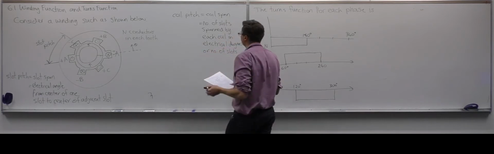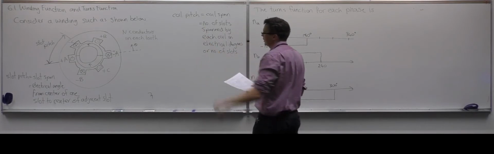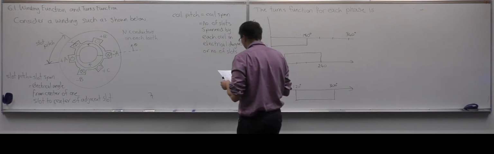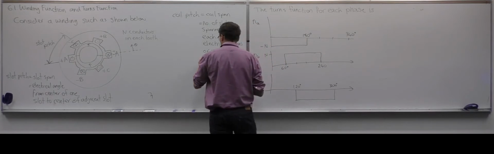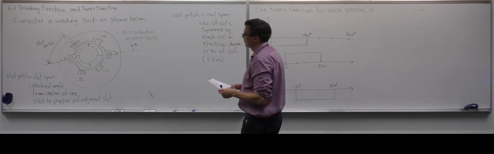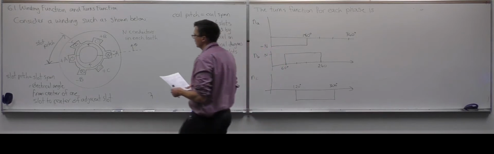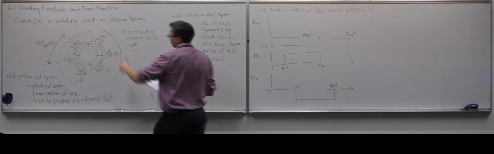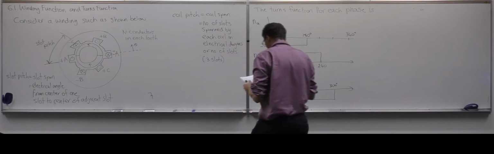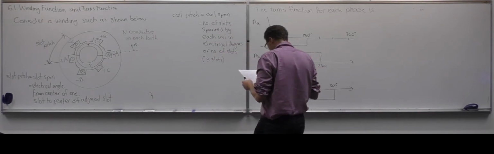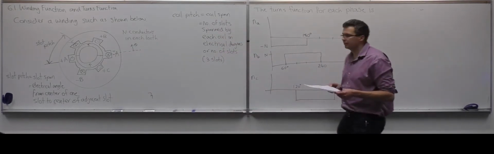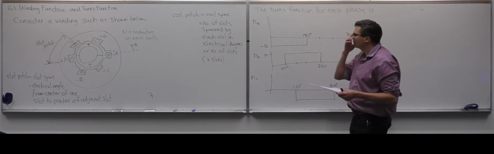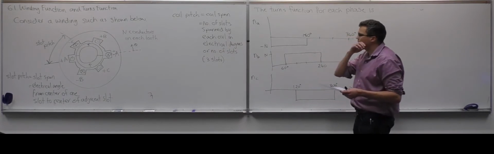So you can define in terms of the electrical degrees or the number of slots. So in this case, it's 3 slots. Okay, so this would be 180 degrees electrical. Okay, so with those definitions, we'll come back to those.